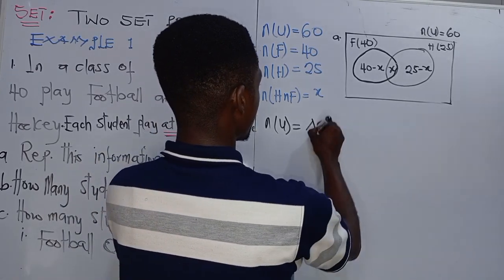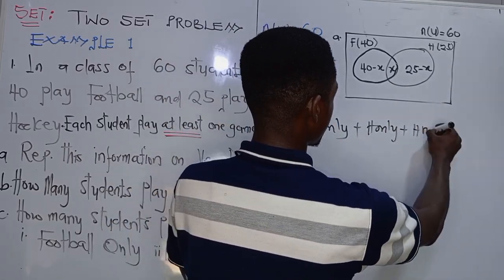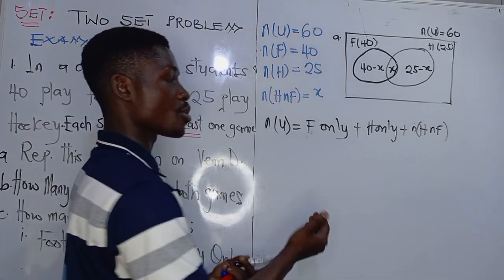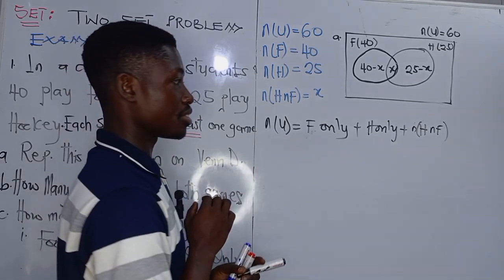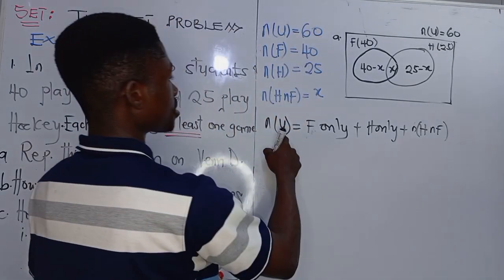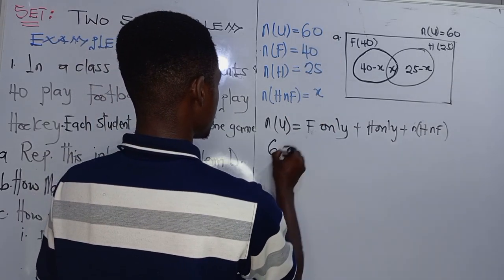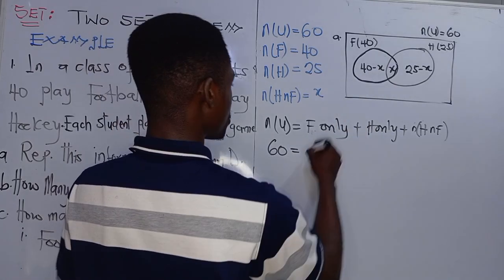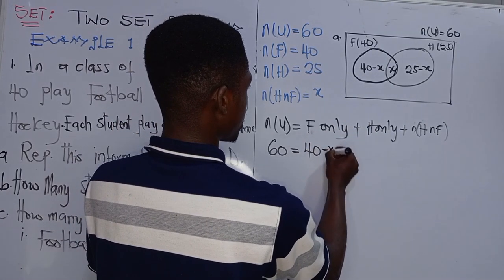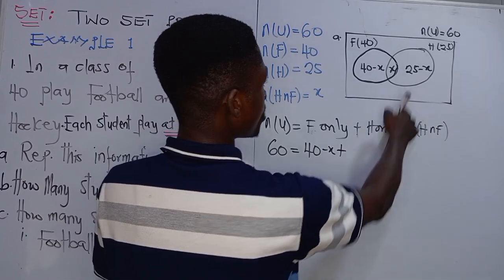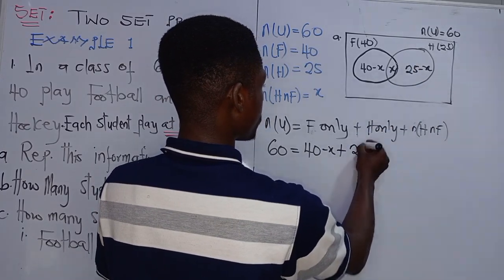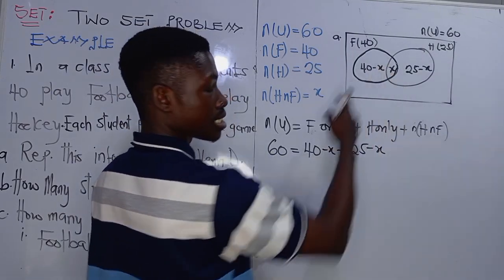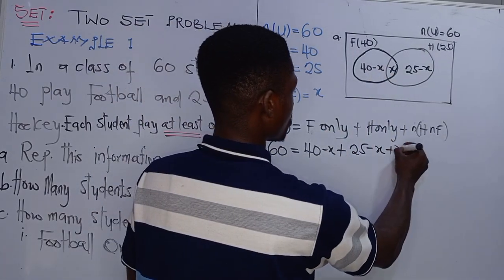This is the formula that we were able to establish in our previous lesson. So we have the number of students in the universal set, we have 60. And then football only, we have 40 minus X, plus hockey only, we have 25 minus X. And then we have H intersection F, which is this region. We have plus X.